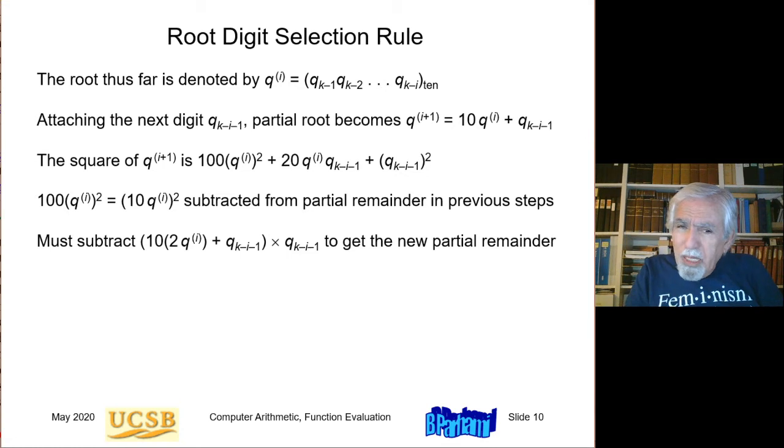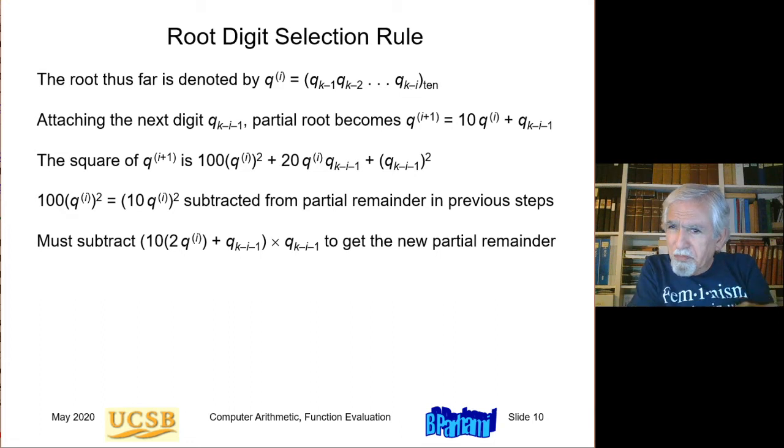So why is it that I use that inequality to guide me through the selection of the root digit? Here's an explanation. So in step I, I've already computed I digits of the square root. Let's say I'm doing decimal square rooting. So first digit, second digit, ith digit. And I'm now working on determining the I plus first digit of the square root.